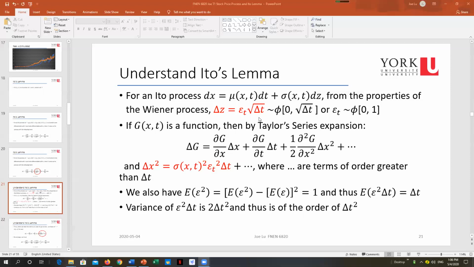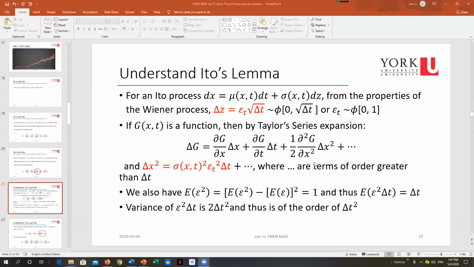But since delta z has something on the order of square root of delta t, then delta x squared will have a term that is on the order of dt. So when you shrink delta t to 0, this thing doesn't shrink faster than dt. It shrinks at the same speed, the same order of magnitude as delta t.